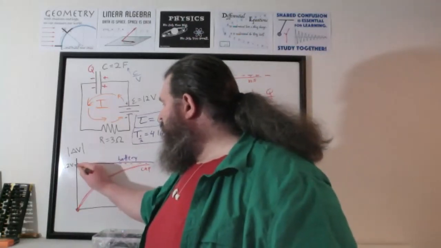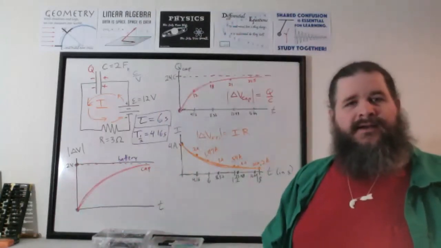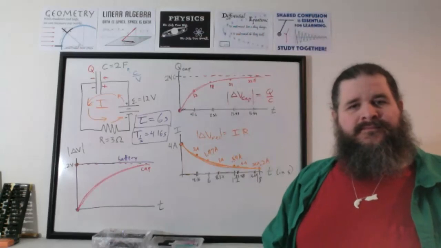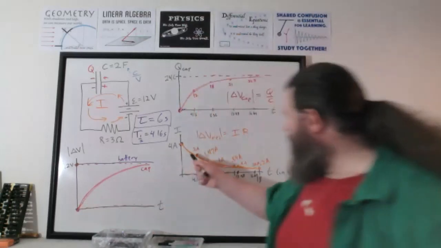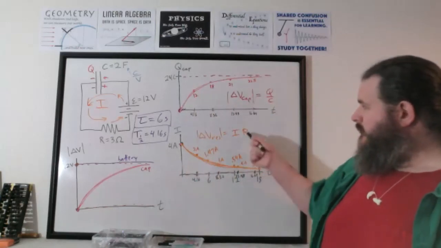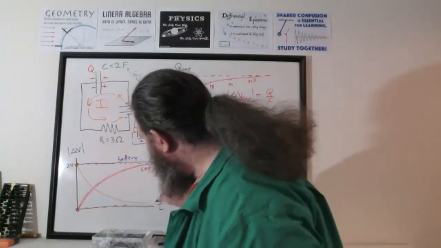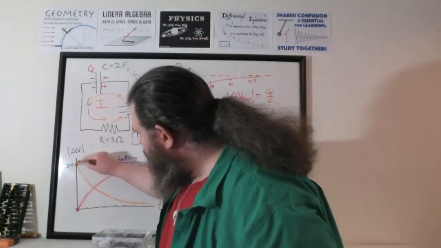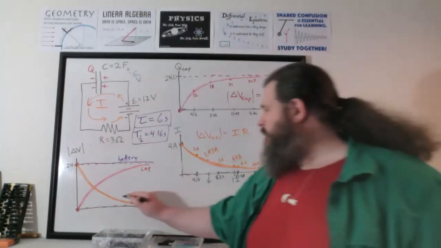So the resistor's voltage starts at 12 volts and eventually decays towards what? 0. Yeah, it's going to have 0 as an asymptote because eventually it has 0 current, and 0 current times any resistance will be 0 volts. So that's exponential decay downwards towards the asymptote of 0.